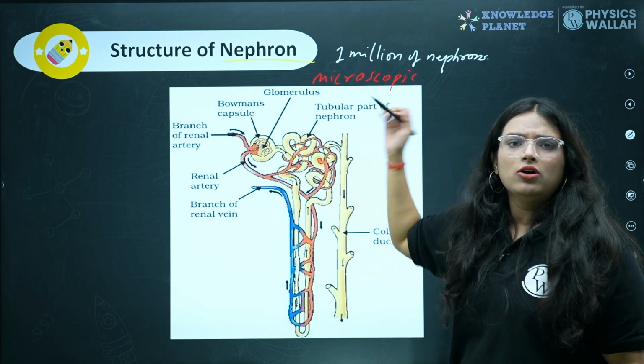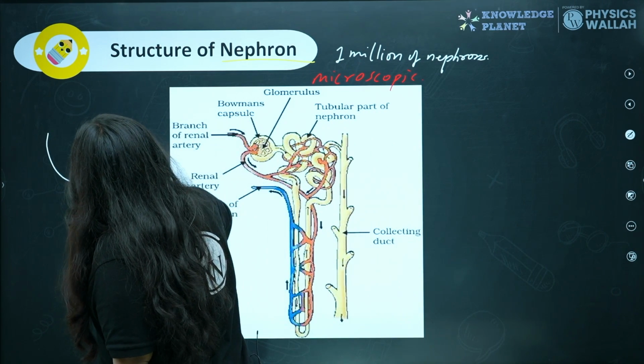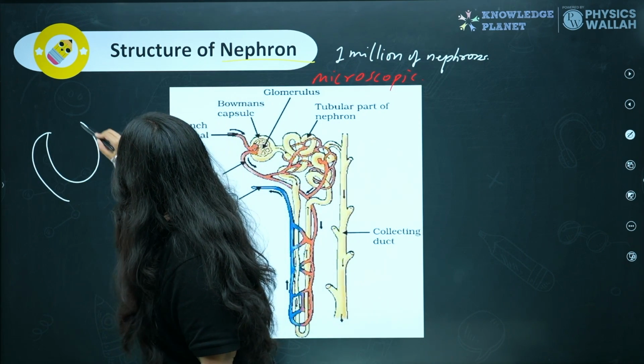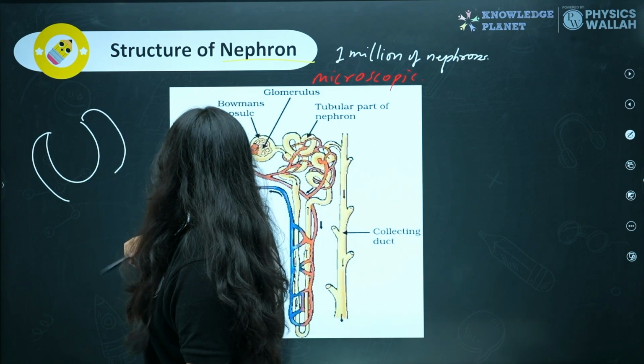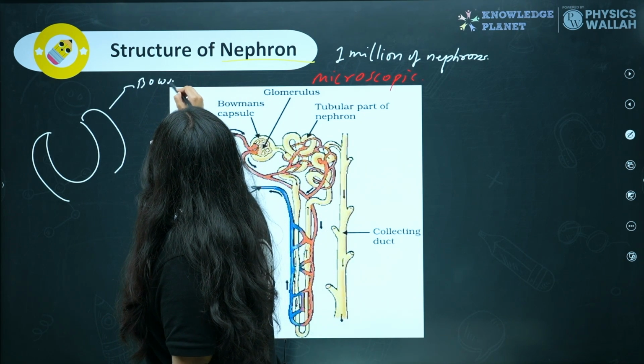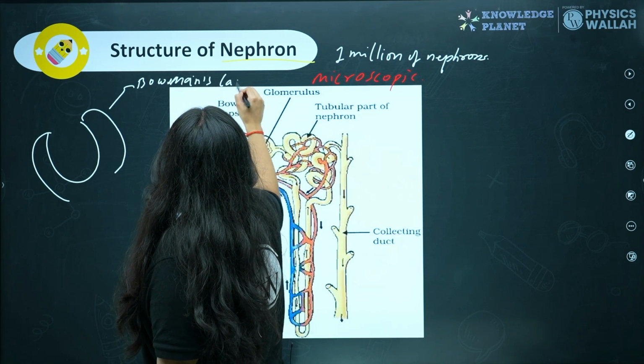Okay, now they have a cup-shaped structure, and this cup-shaped structure is known as Bowman's capsule.